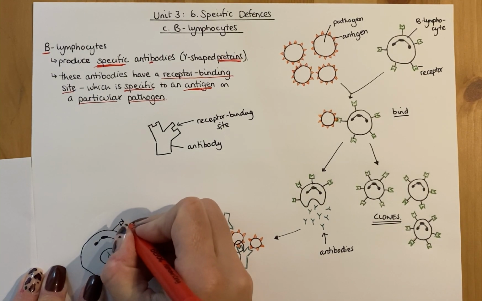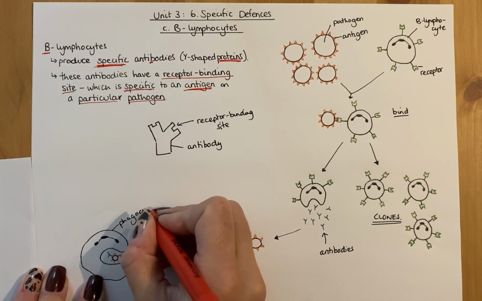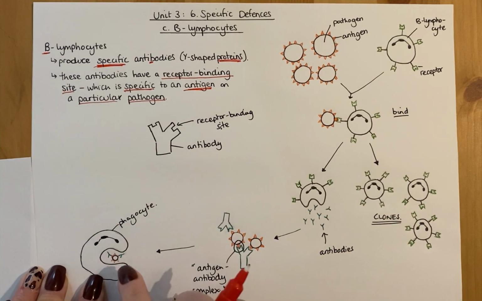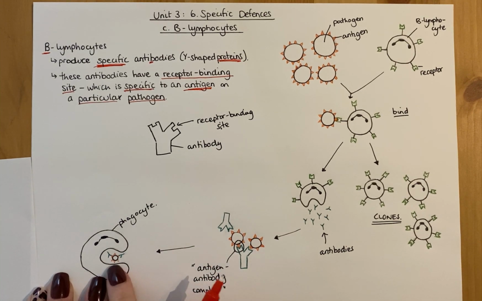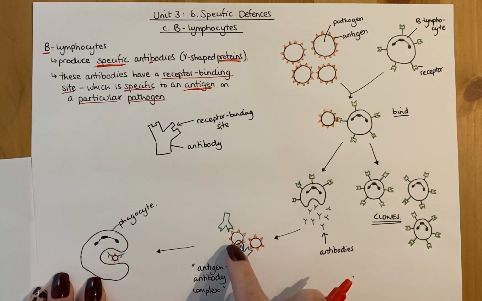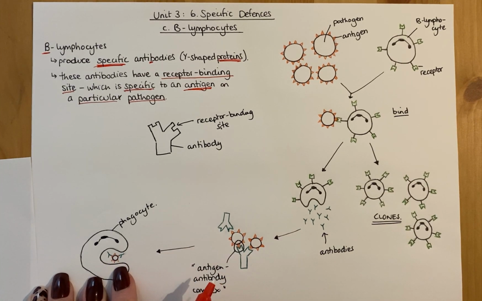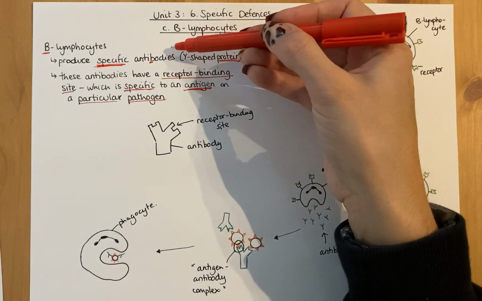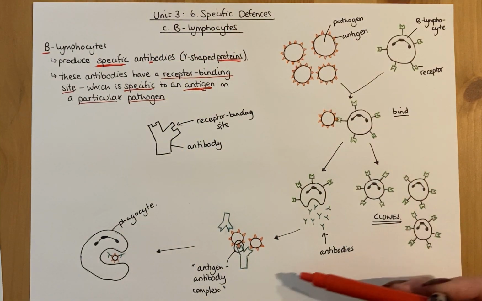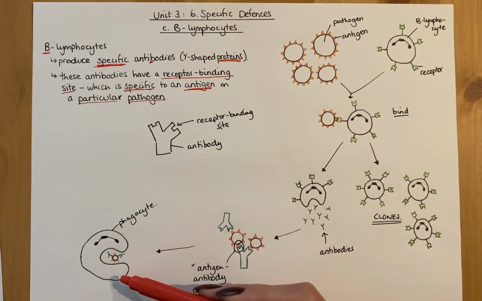This phagocyte will then engulf and digest, and therefore carry out phagocytosis on that antigen-antibody complex, and therefore that foreign pathogen will get destroyed. So T lymphocytes carry out apoptosis, B lymphocytes carry out the production of antibodies, and therefore that antibody-antigen complex gets broken down by phagocytes.